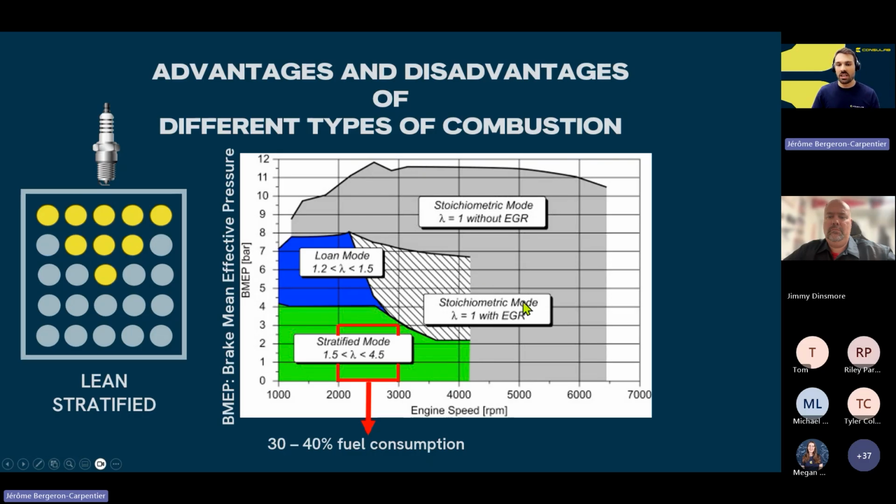Then we started with EGR and without EGR. Now we just added another layer, where the gain on the fuel consumption is going to be way higher. At some point, the engineers were like, hey, we have an opportunity to add something into that zone where we can really gain in fuel consumption. I don't know if that answered your question.